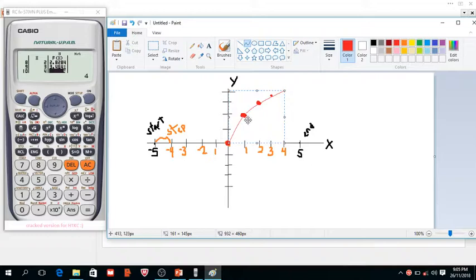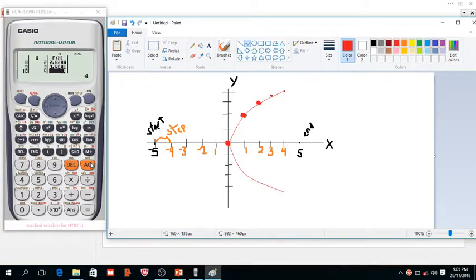So that's it. So by property of parabola, this part also here could be the parabola.